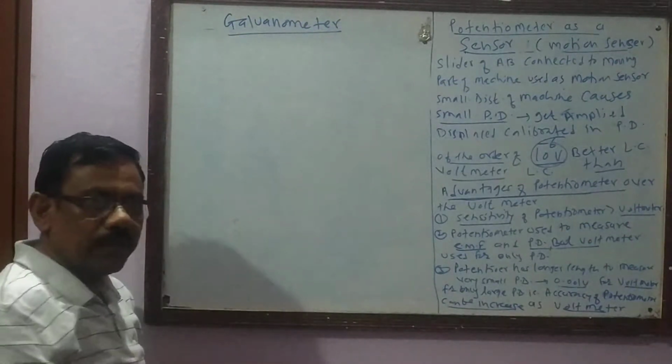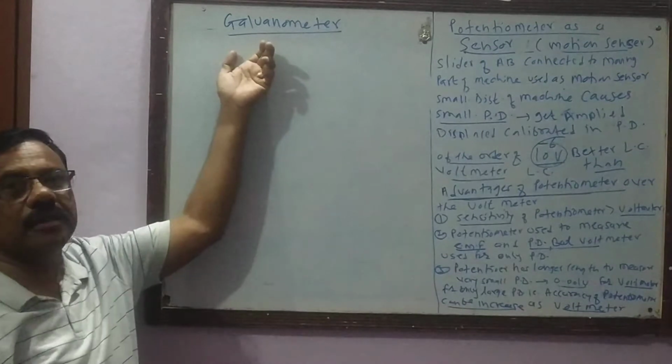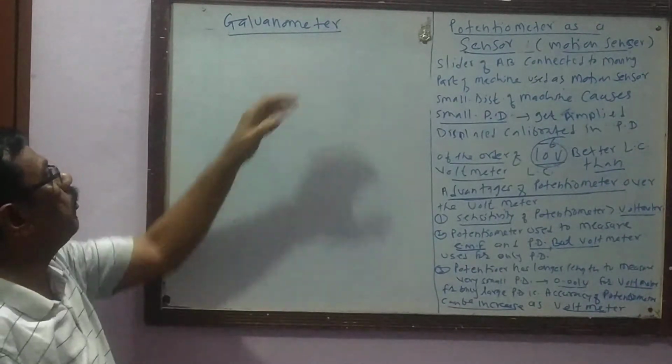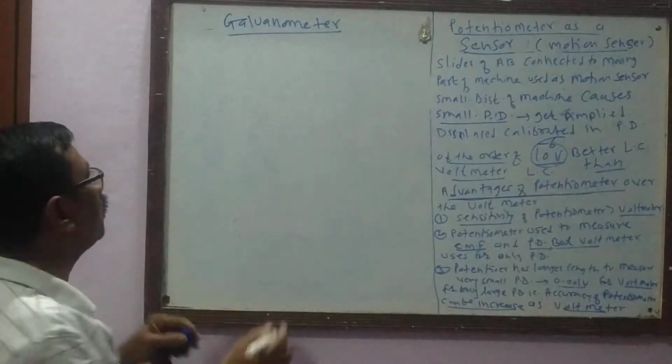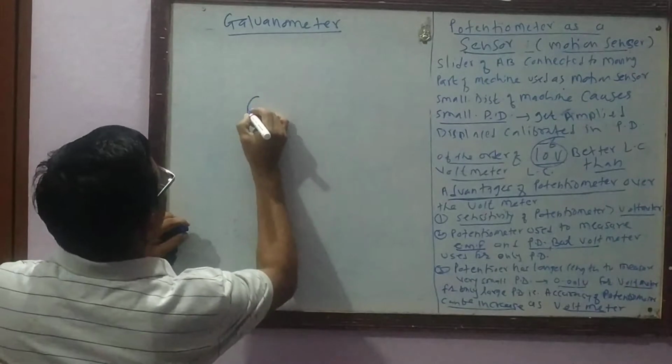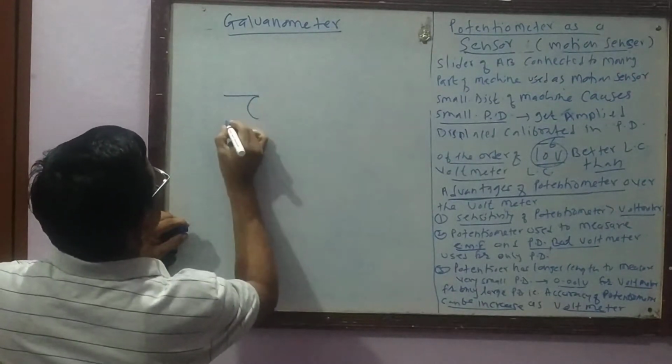Now, it is the device which is useful to detect a small value of current, and therefore the galvanometer consists of a concave shaped magnet.